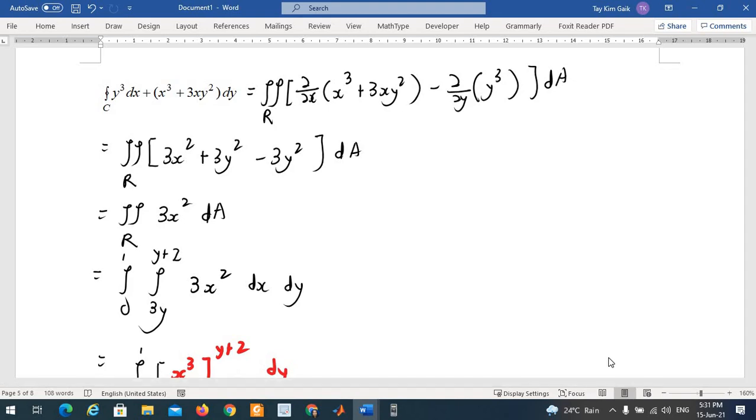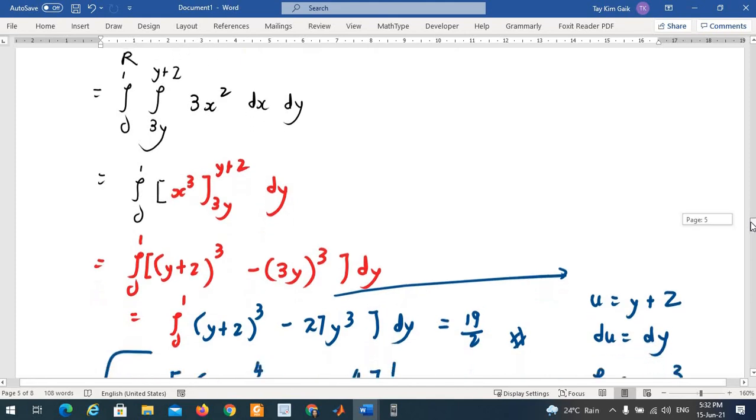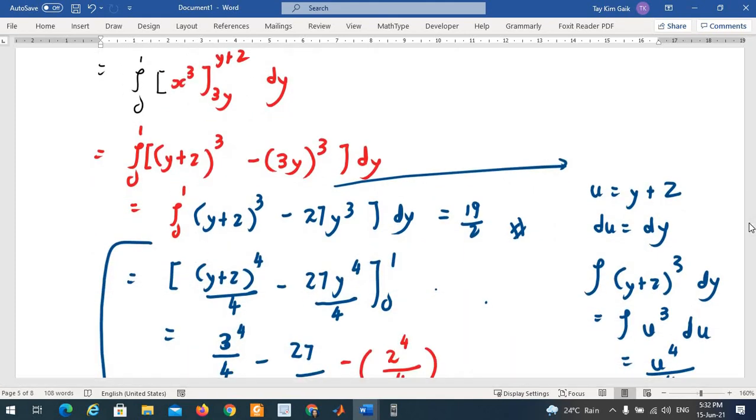And then the lower limit of y is the bottom point, and this is the top point, so 0 to 1. You just integrate with respect to x here, and then plug in the limits. Here, y plus 2 cubed minus, up to here, 27y cubed.